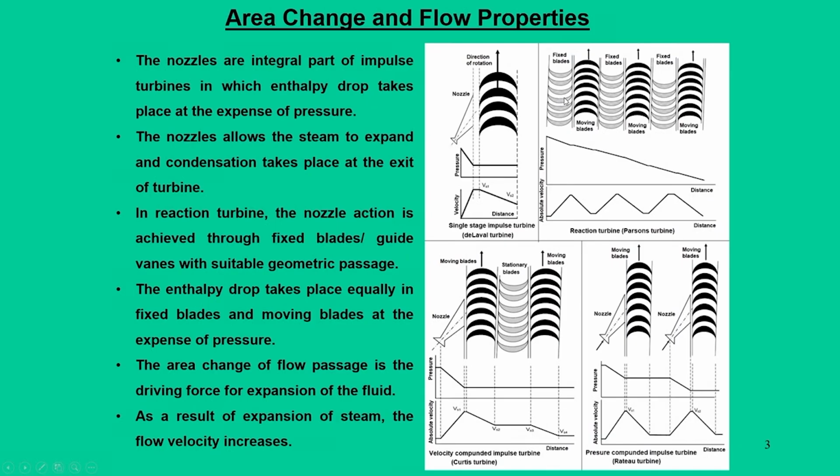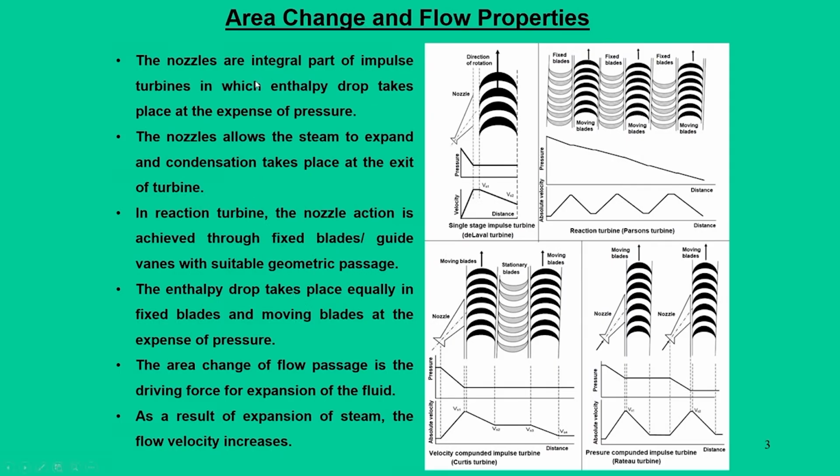It is nothing but the flow has to expand, at the same time the velocity must increase and the pressure must drop. This is what we call nozzle action, and this can be achieved with a suitable change in the area of the passage. So, either you can have a separate arrangement, what we call a nozzle, or we can perform the same nozzle action by designing the flow passage. In any case, area change is the driving factor.